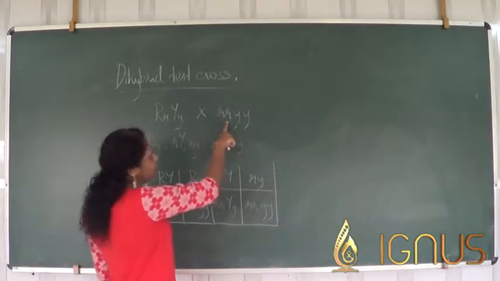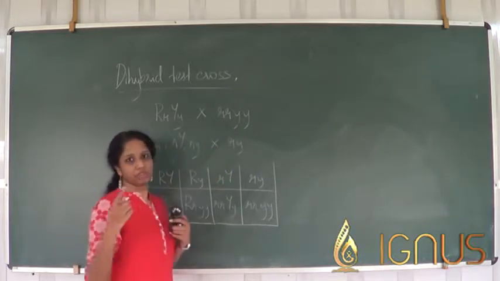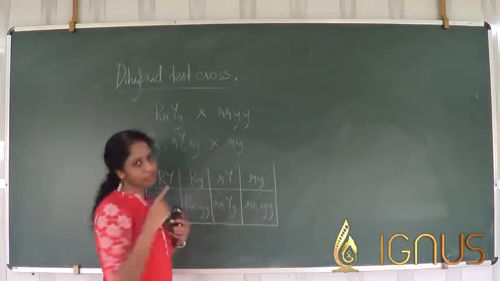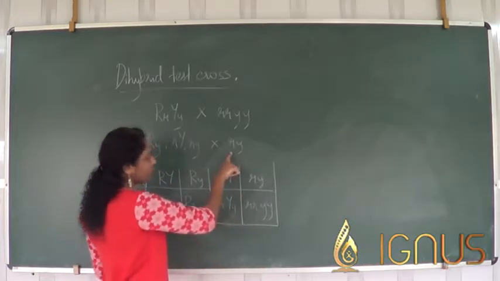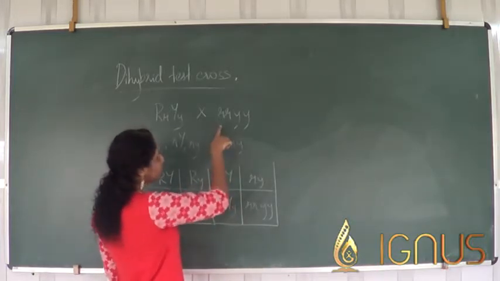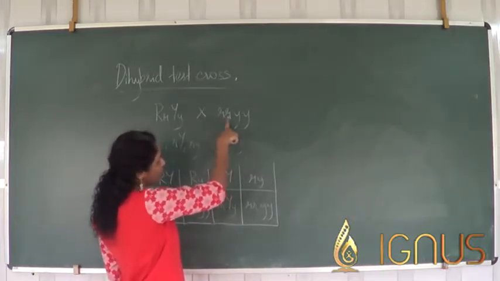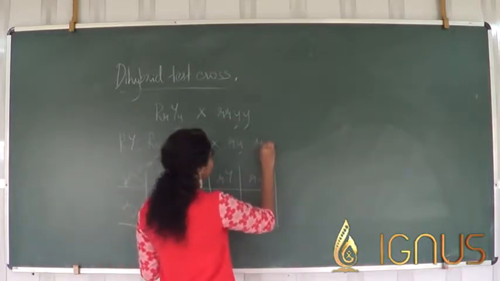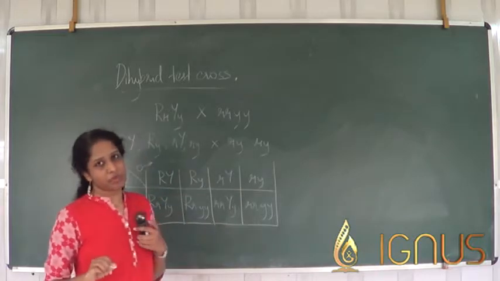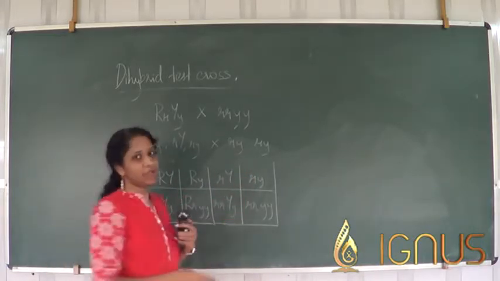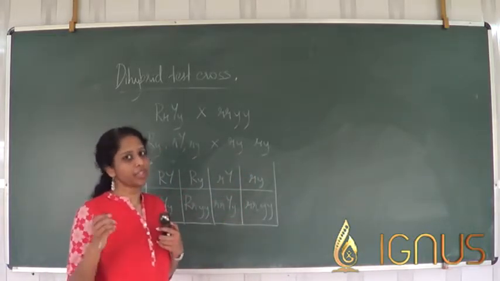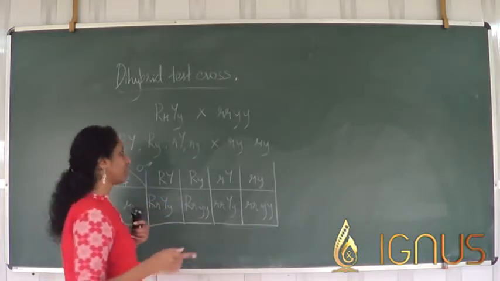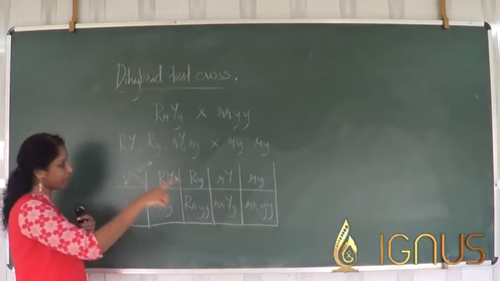From the double recessive parent, you will have 2 gametes coming, but because they're repetitive, we are going to take only 1 into account. So if you're going to get gametes from here, it would be small r, small y, and small r, small y, but because they are the same, it is repetitive, so we are going to take into consideration only 1 gamete from the double recessive parent.